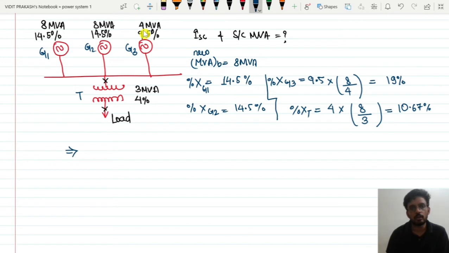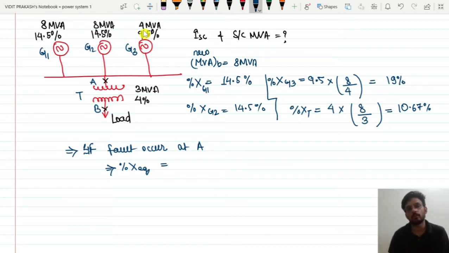So if a fault occurs at, suppose this is A and this is B. If a fault occurs at A, then, as I told you, this is a problem for the generator side, not for the transformer.